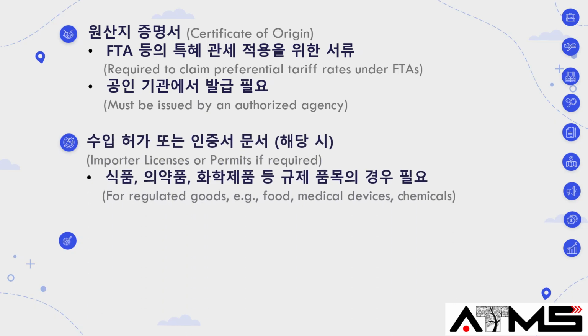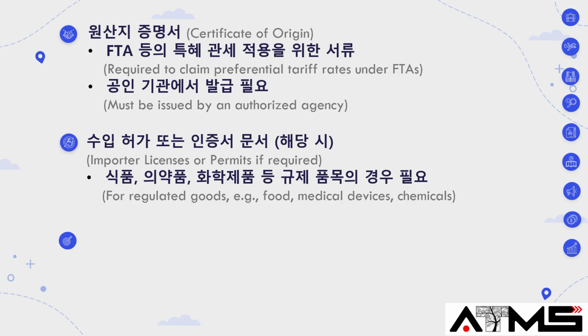Eighth, additional documents, especially for regulated or restricted items. Certain goods require import permits or certifications depending on the product. Agencies like FDA, EPA, or USDA may impose additional requirements.